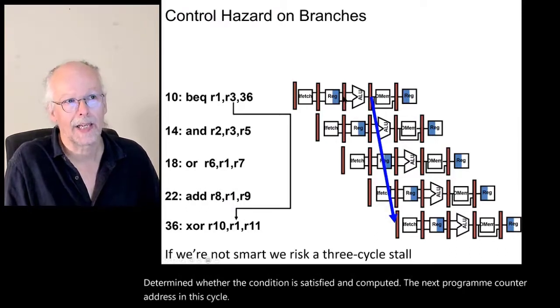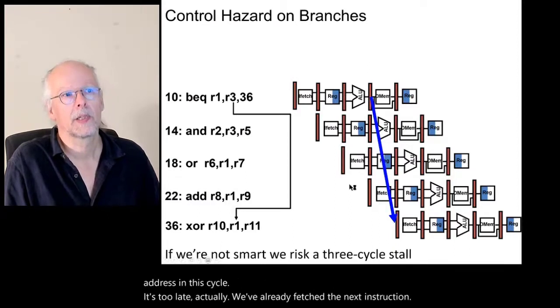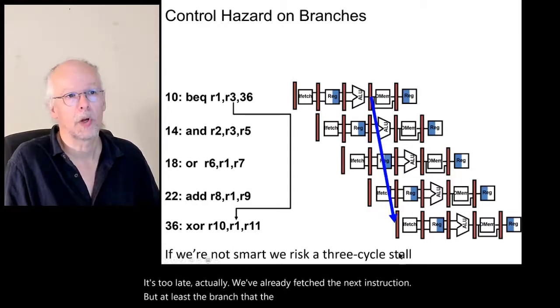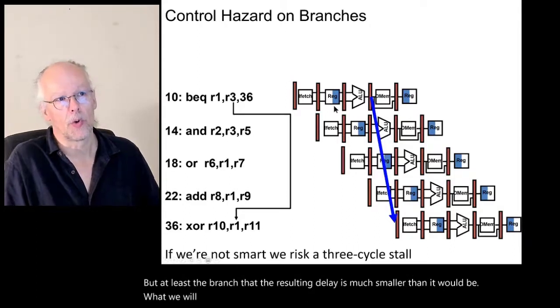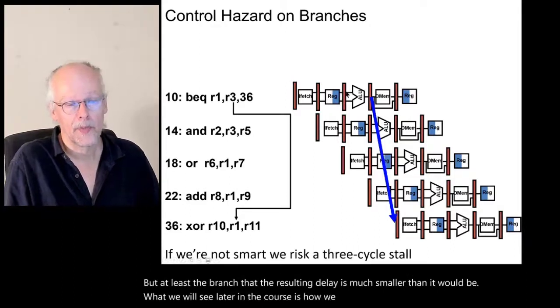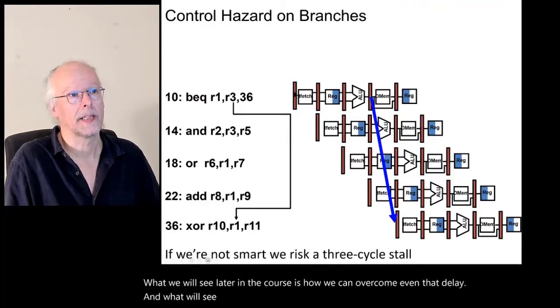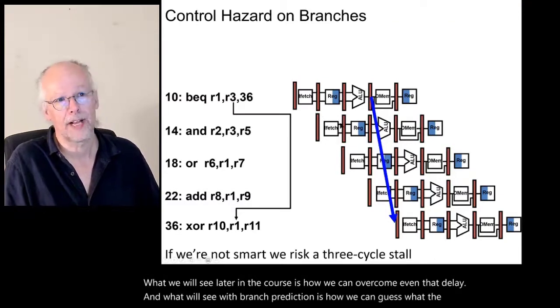It's too late, actually. We've already fetched the next instruction, but at least the resulting delay is much smaller than it would be. What we will see later in the course is how we can overcome even that delay. And what we'll see with branch prediction is how we can guess what the right instruction to fetch actually will be.